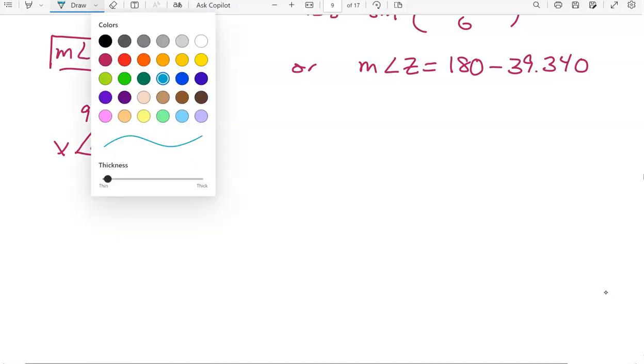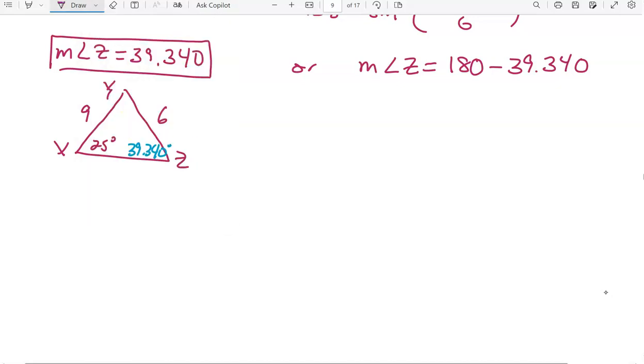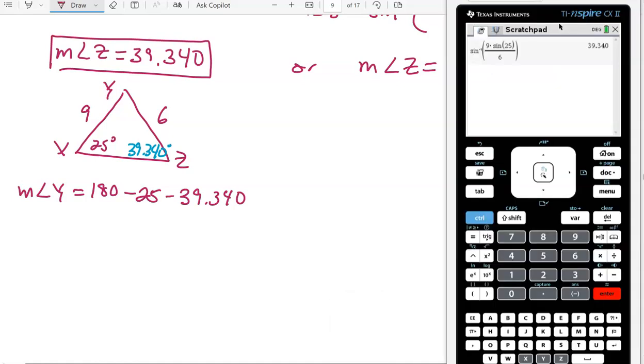The easiest thing for us to find next would be the third angle. So the measure of angle Y is equal to 180 minus 25 minus 39.340. When we do this calculation, we want to make sure that we are bringing all of the decimal places with us and not just typing 39.340 into the calculator.